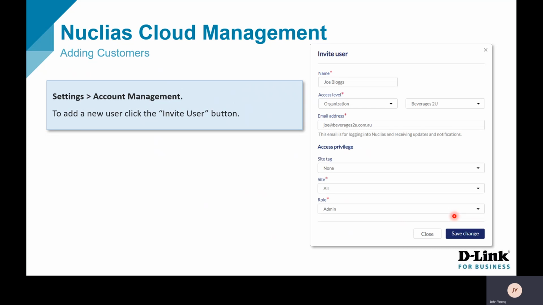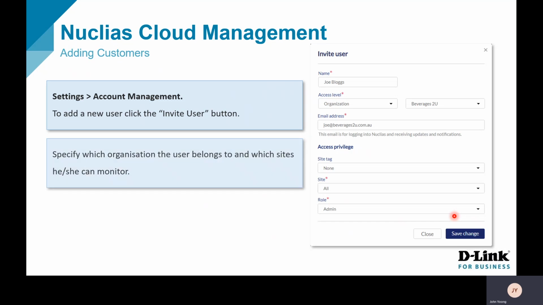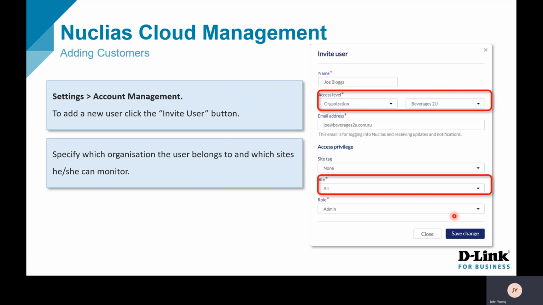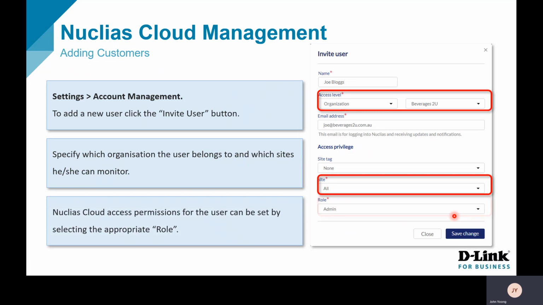Next, you can create a local admin just to handle their own devices. You can just invite the account, create it, and tie it to the site that they're able to manage. You can create the role and privilege for them. It comes with 4 types.